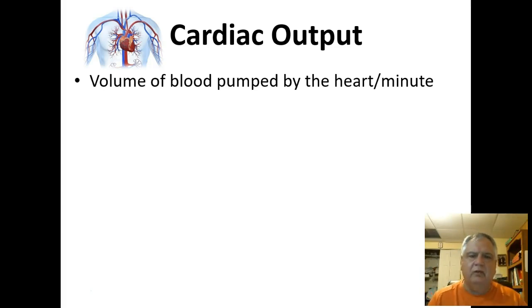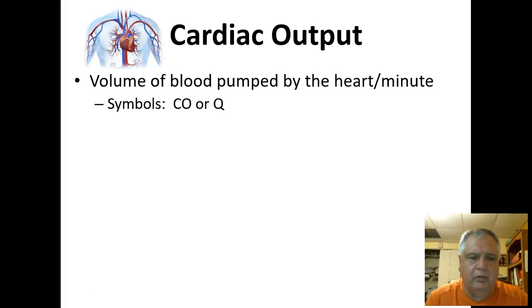We can measure that at the left ventricle or at the right ventricle, but typically it's measured at the left ventricle. The symbols we use clinically to represent cardiac output are either CO or Q, though Q is more often used because CO can be confused with carbon monoxide.